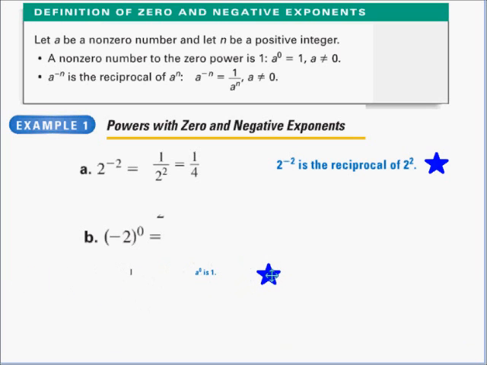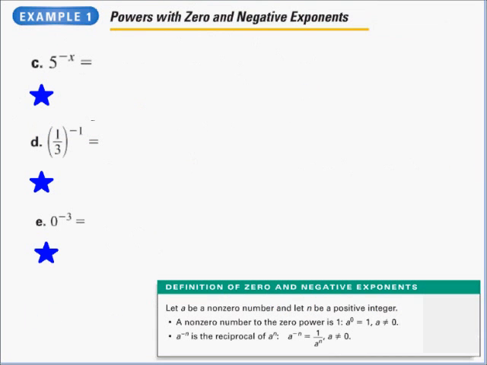If a to the 0 power is 1, then negative 2 to the 0 power would also be 1.